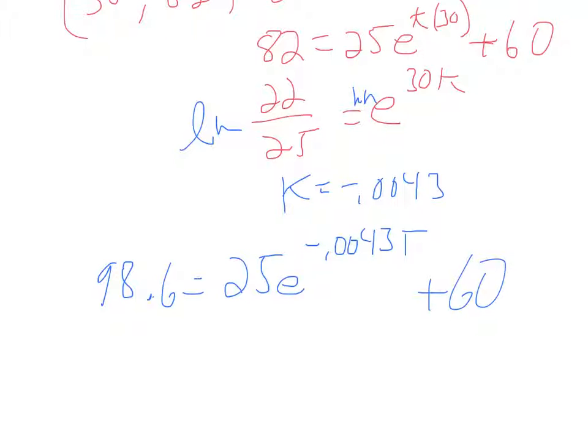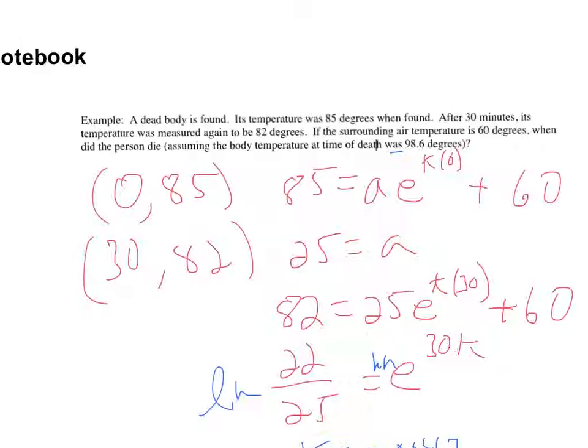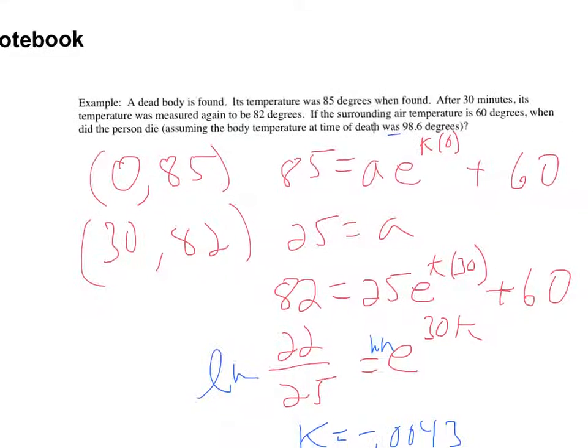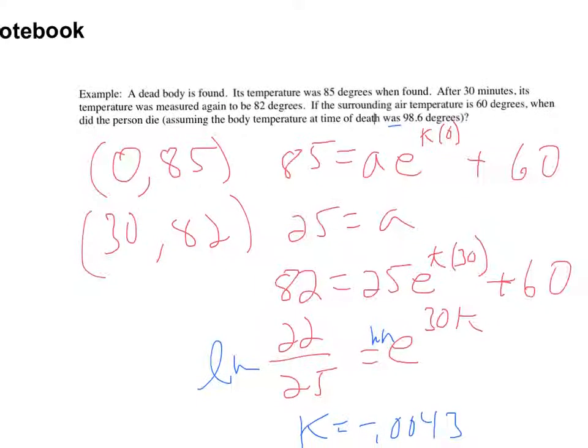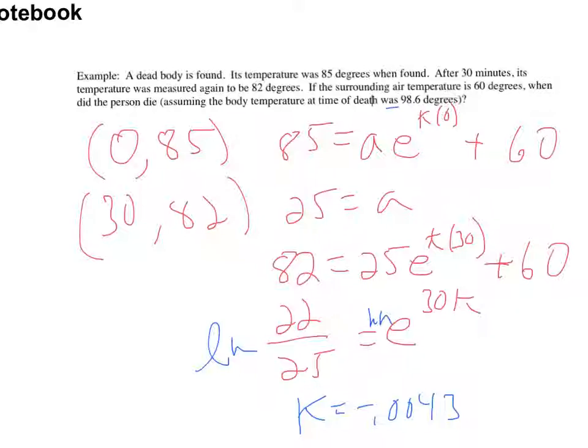That's telling me that the time is negative 101.018. So about 101 minutes ago is when the murder happened, or when the person died. And a 60-degree temperature, yeah, I guess so.